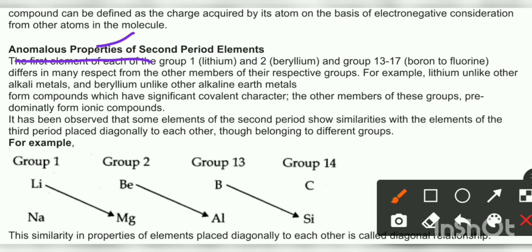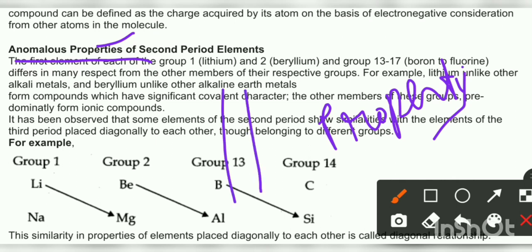Anomalous property is nothing but the property of an element which differs from the same group elements. How does it differ and why does it differ?